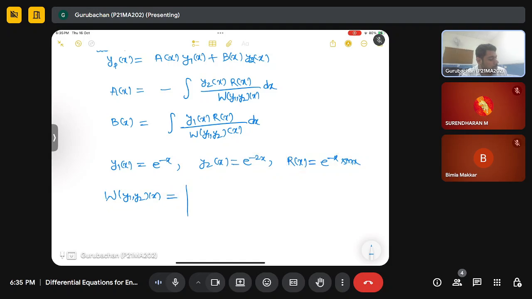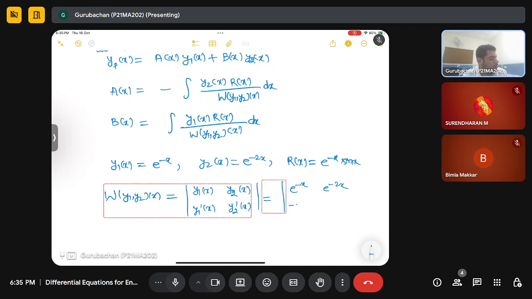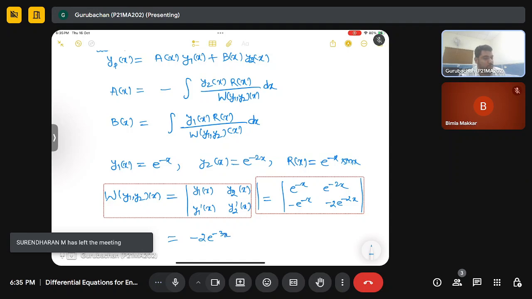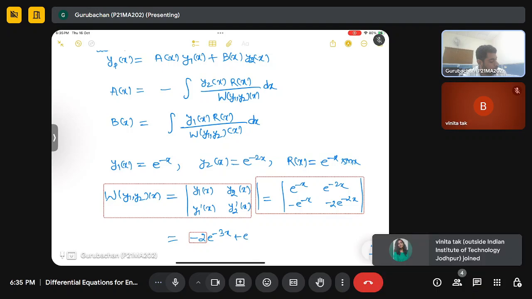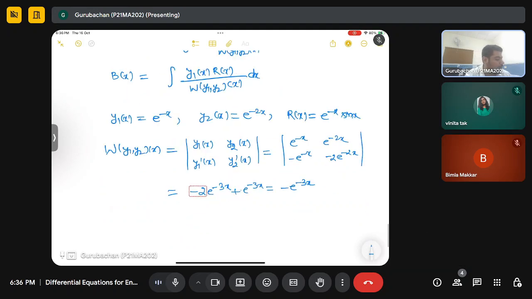So what is the Wronskian? y1(x), y2(x), y1 dash x, y2 dash x. So this will give us minus e to the power minus 3x. This is our Wronskian.